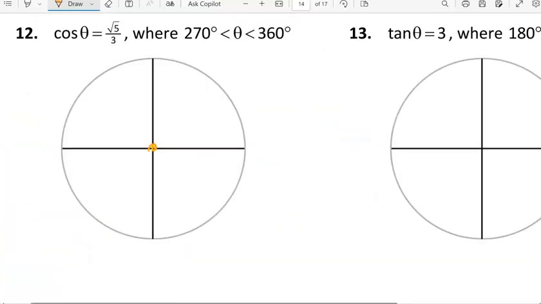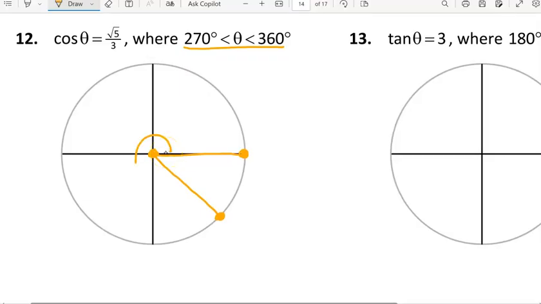In 12, the angle starts in standard position on the positive x-axis, and our terminal side is somewhere in quadrant 4 since theta lies between 270 and 360 degrees. So, somewhere in quadrant 4, our angle theta is the rotation from that initial side to the terminal side.